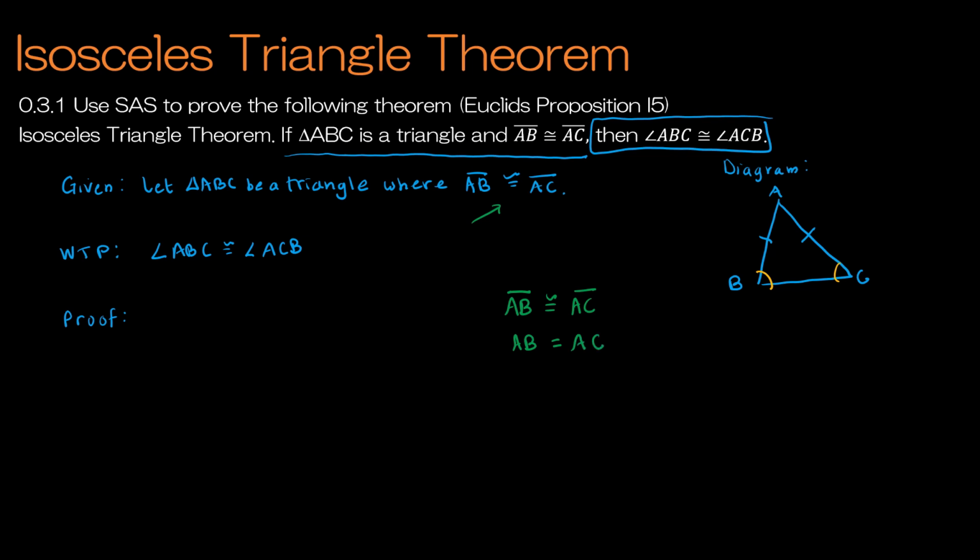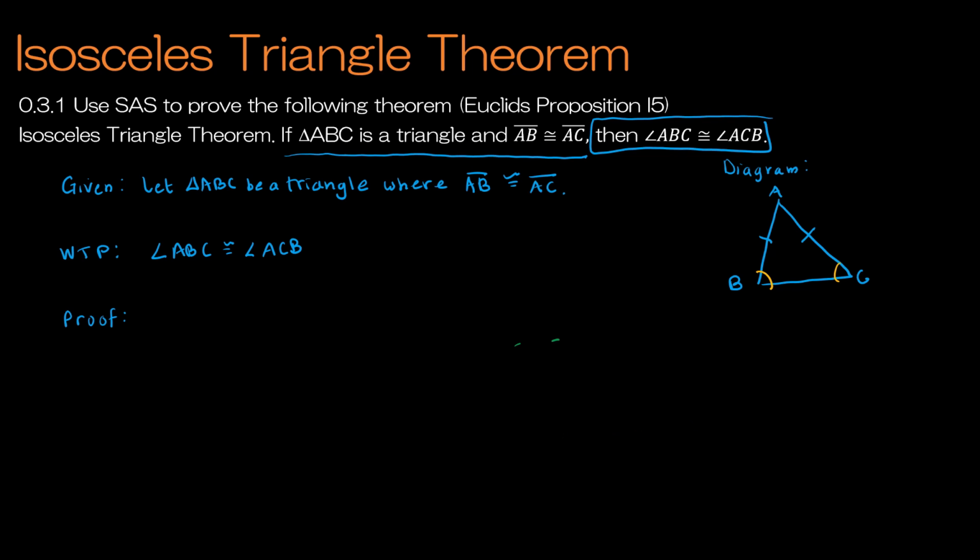Similarly with angles, if I'm saying the angle ABC is congruent to the angle ACB, I'm using angle and congruence. If I'm talking about the measure, I'm going to use M for measure, ABC, and then I would use is equal to the measure of ACB. So keep that in mind as you're working through your proofs, basically for the remainder of this course. But I digress. Let's get back to our proof.